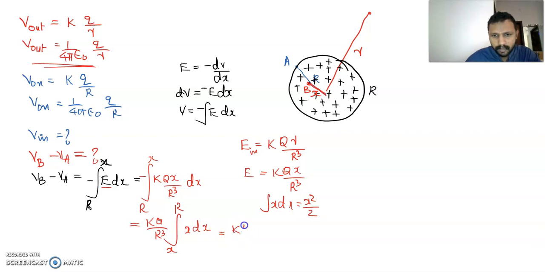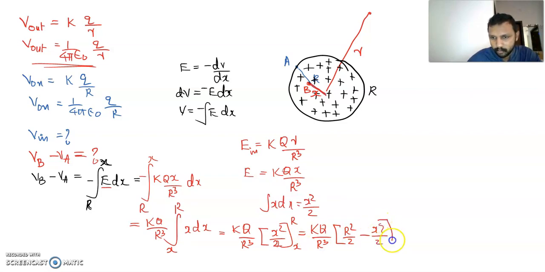Therefore kq divided by R cube, square bracket x square by 2 within the limit R to x. Then substituting upper limit and lower limit, we will get kq divided by R cube into R square by 2 minus x square by 2.